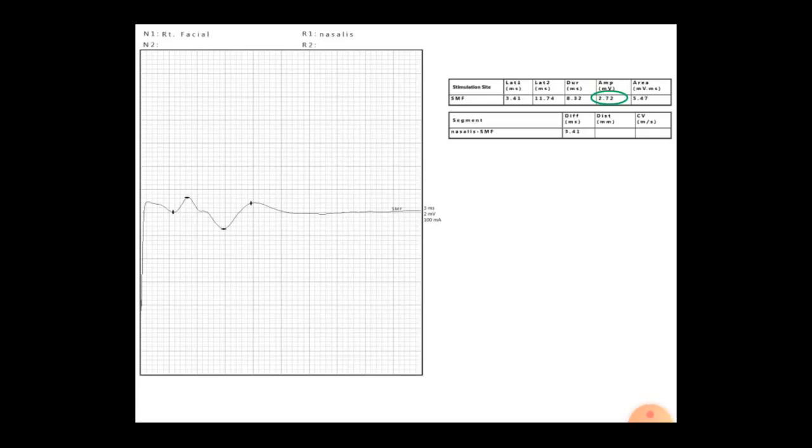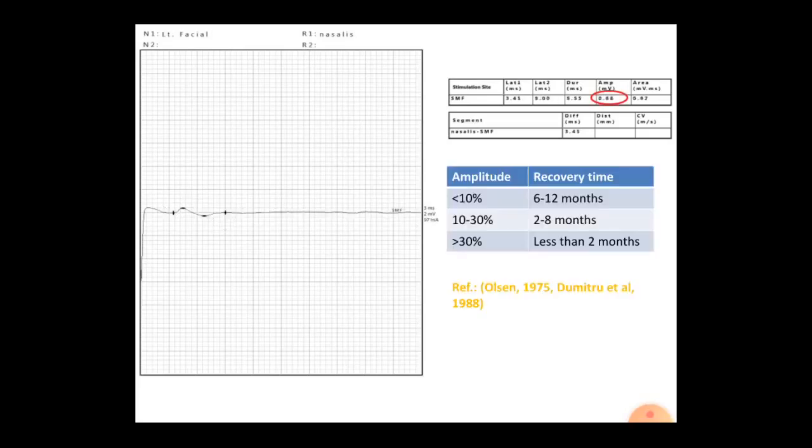Now we have to compare this reference value with the left side, that is affected. On the right side, that is the normal side, it is 2.72 millivolt. On the left side it is 0.66. So definitely it is less than 50%. So on the affected side, amplitude is reduced by more than 50% as compared to the amplitude on the normal side.